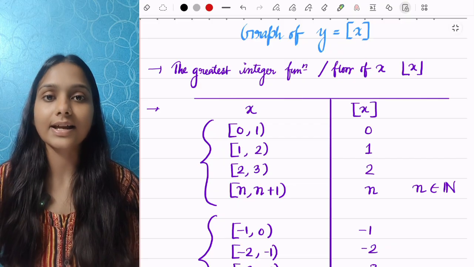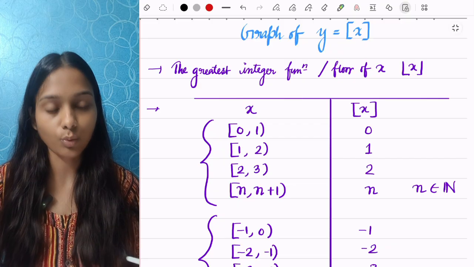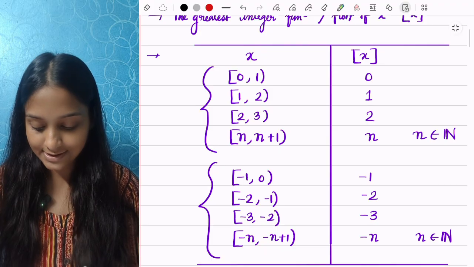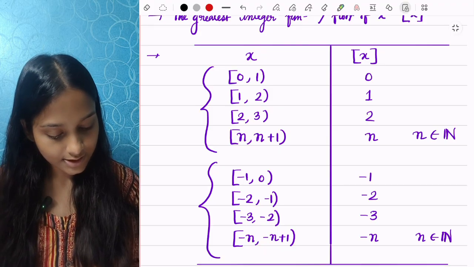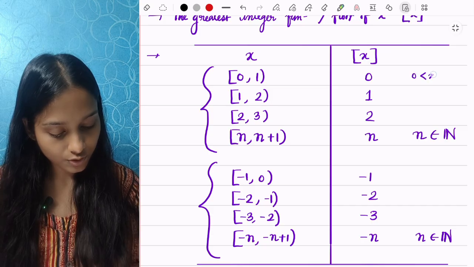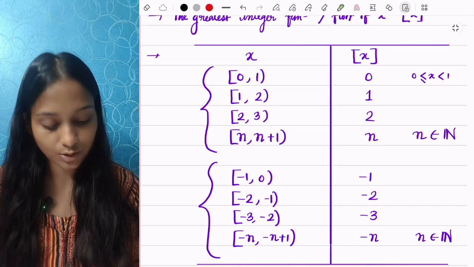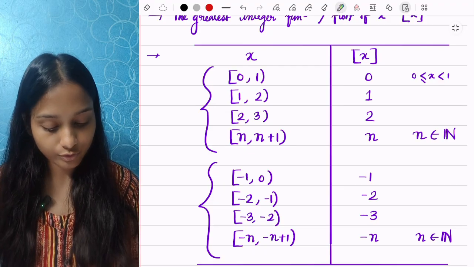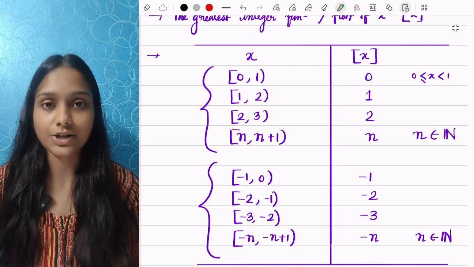Now let us understand how this function works. So suppose x lies in the interval 0 to 1, where 0 is closed. So for that the value will be 0, an integer.